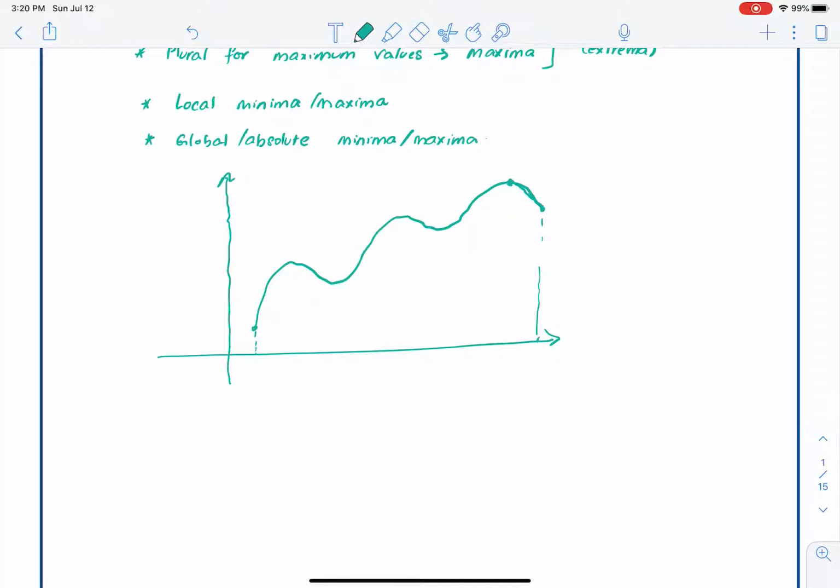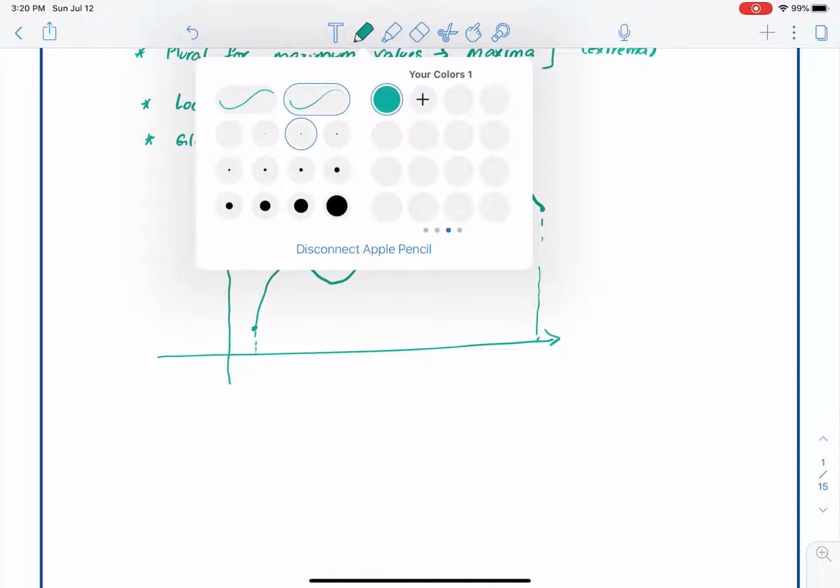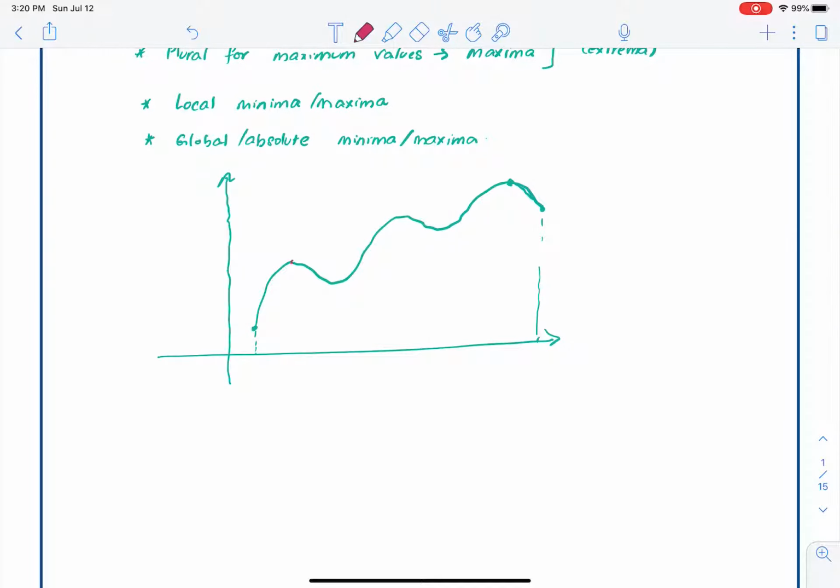And you can see that this is a maximum point that the function attains, but it is a maximum point on a small interval, which would be right here. So that would make this point a local maximum.